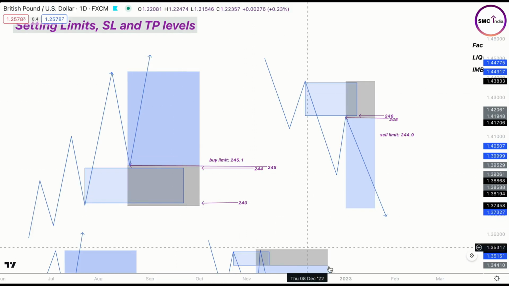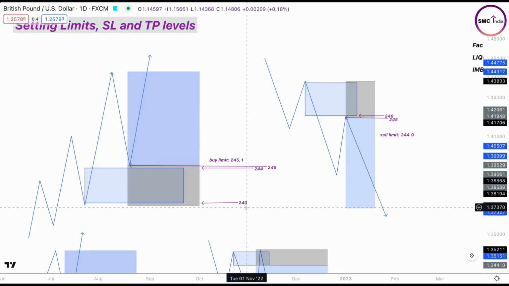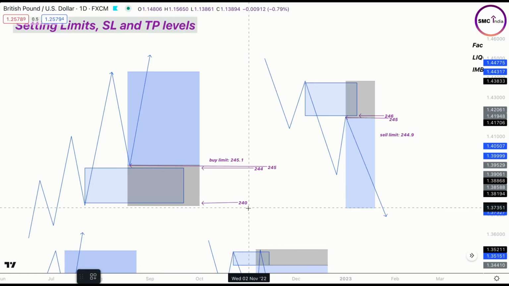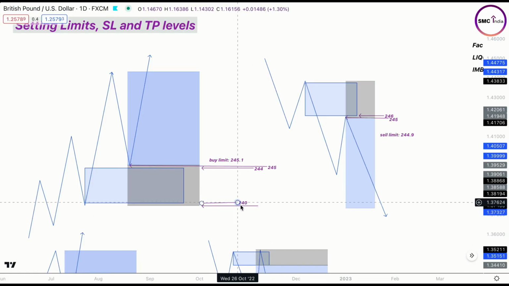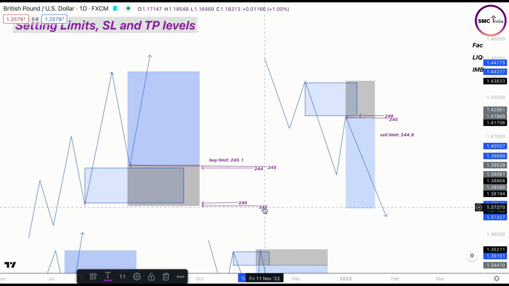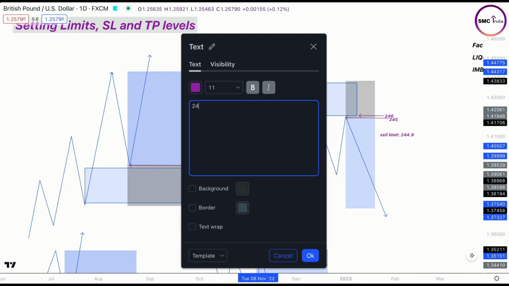So the ideal stop loss price is not 240. Whenever you see that the price is 240 or at important psychological price, what you do while placing buy limits is that you place your stop loss just below this psychological price. That is, you may say at 239.